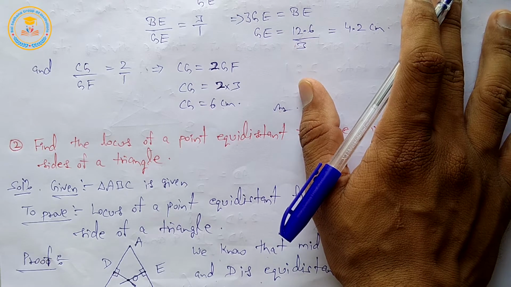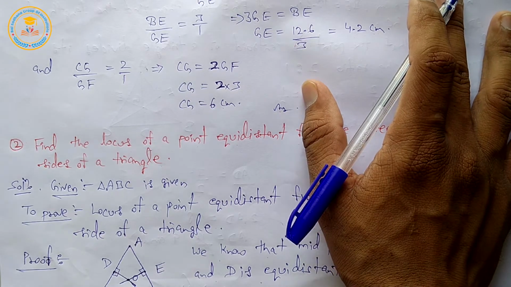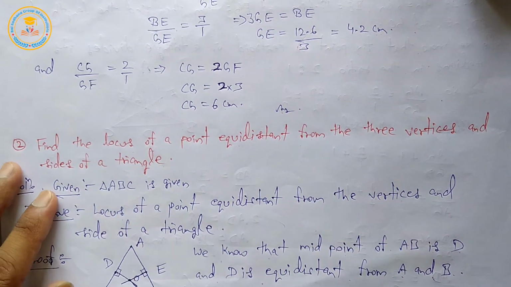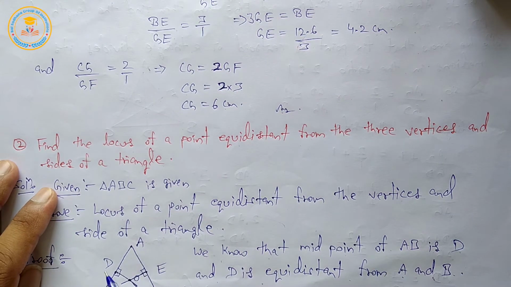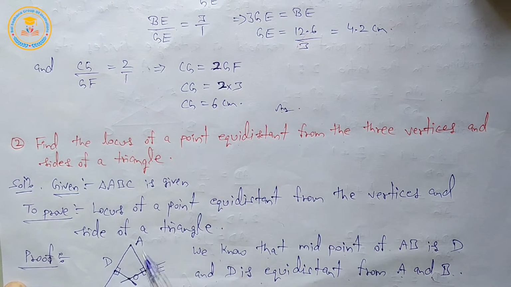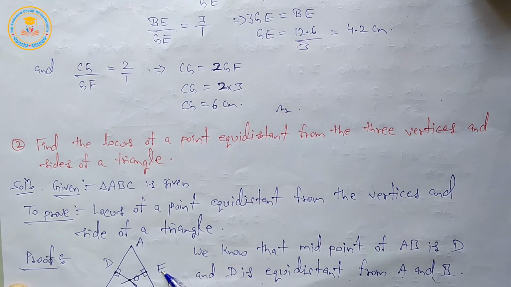We know that D is the midpoint of AB and D is equidistant from A and B. Similarly, E is equidistant from A and C.